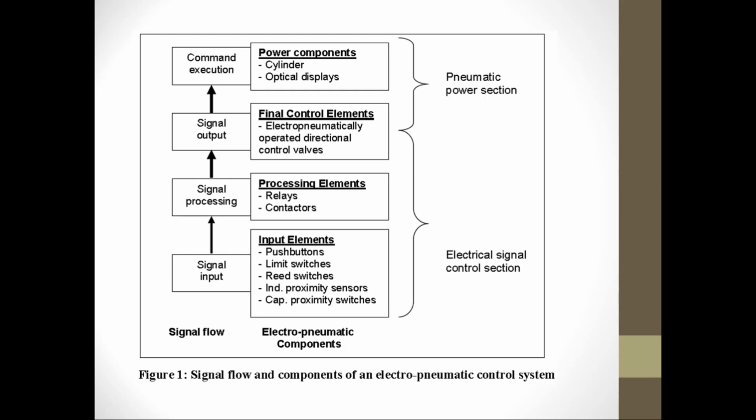Okay, so the input elements in an electro-pneumatic system are basically switches. Examples of which will be discussed in a while. After these input elements, the next step would be the signal processing.